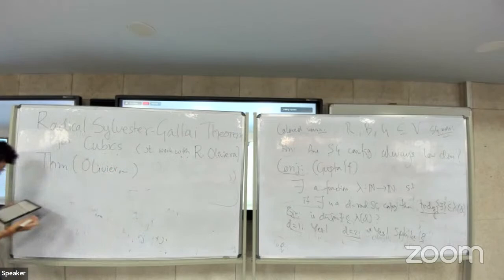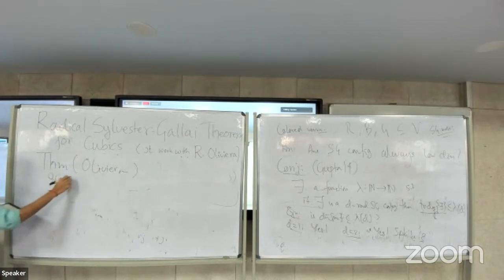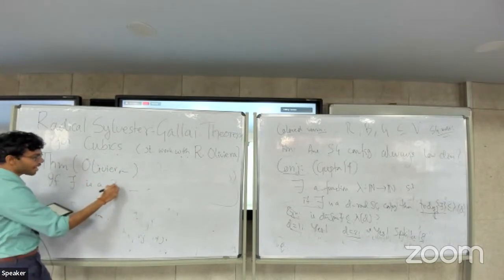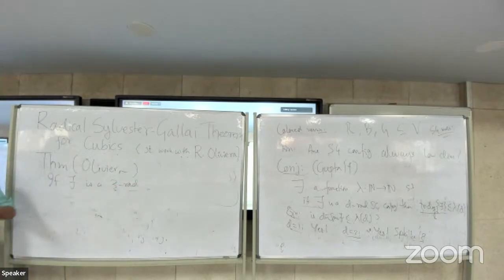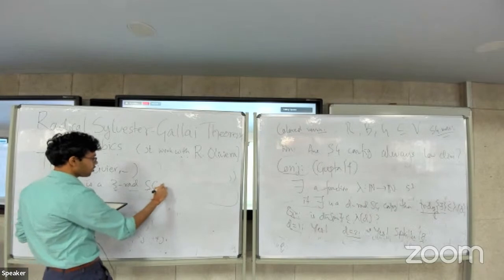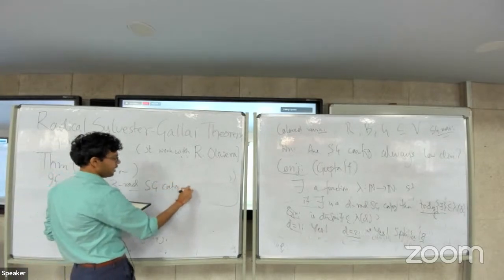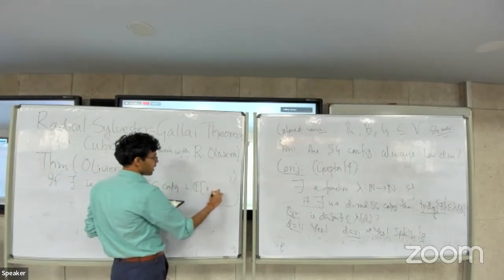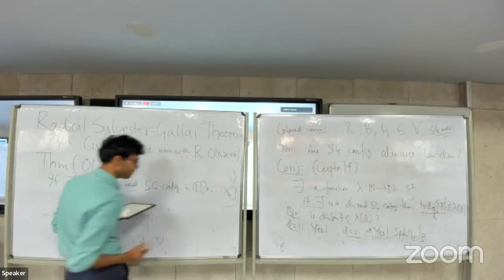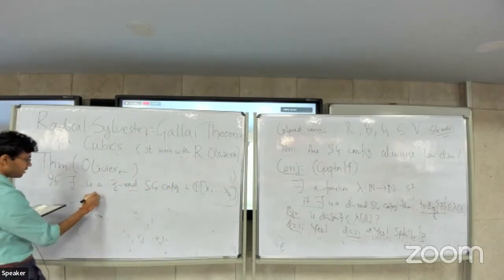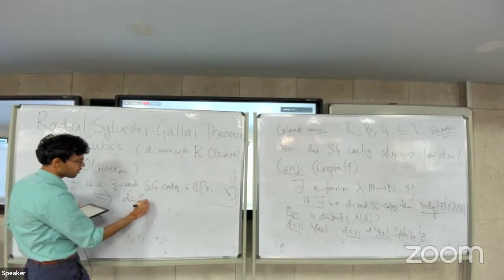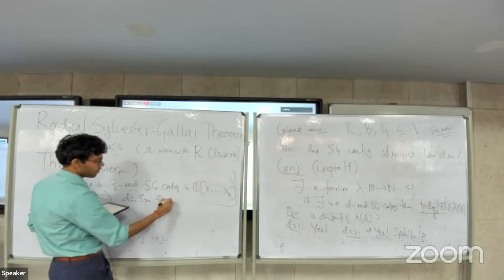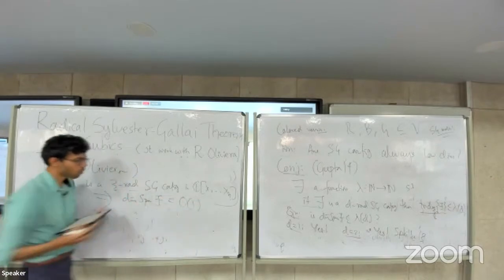If F is a 3-radical Sylvester-Galai configuration, meaning polynomials of degree at most 3, in C[x1, ..., xn], it doesn't matter how many variables there are, then we can also bound the dimension of the span of F by some constant.